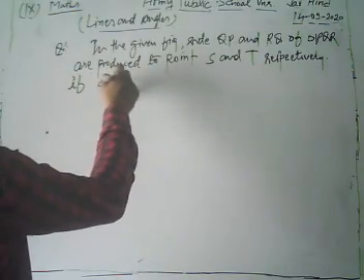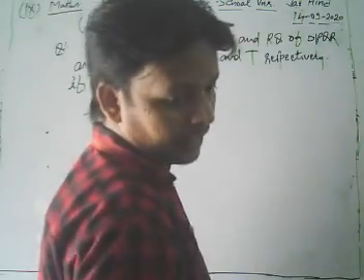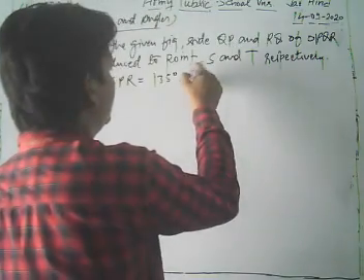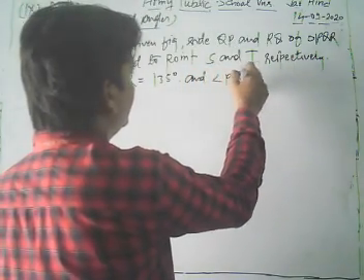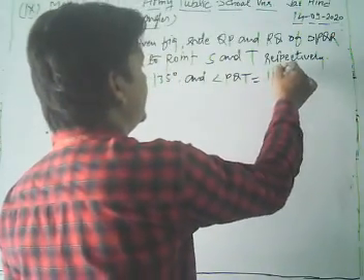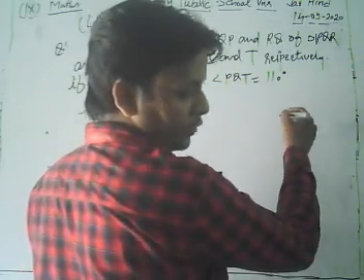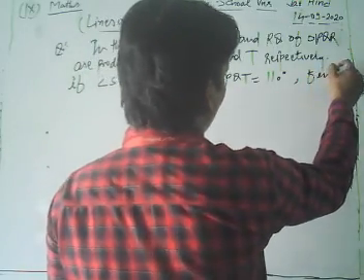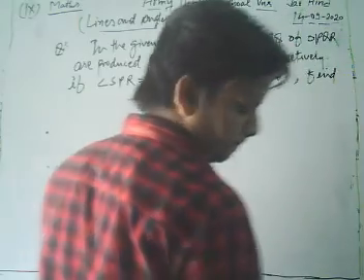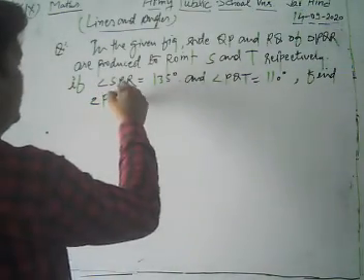If angle SPR is equal to 135 degrees and angle PQT is equal to 110 degrees, find angle PRQ. Find angle PRQ.